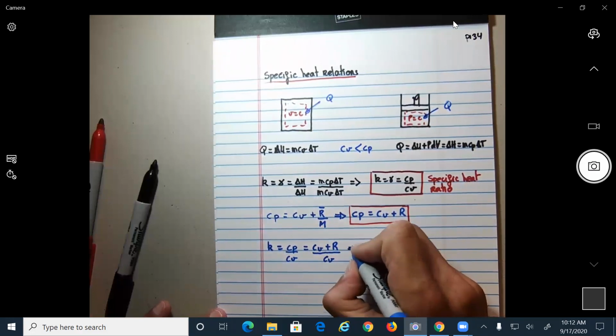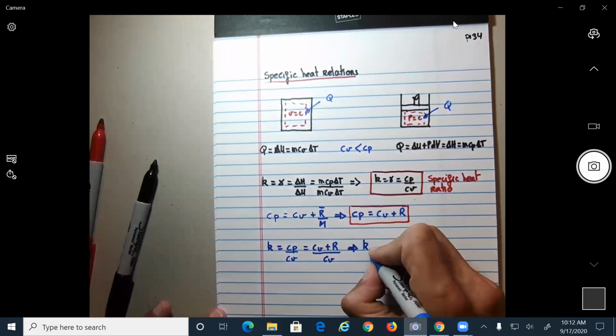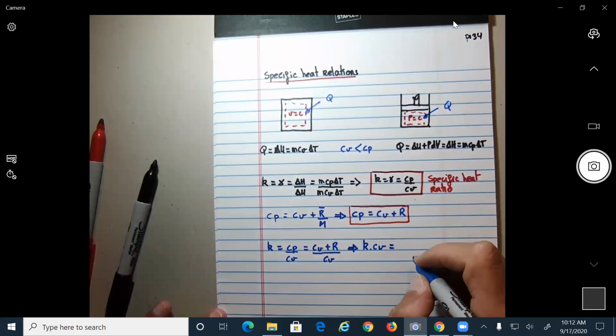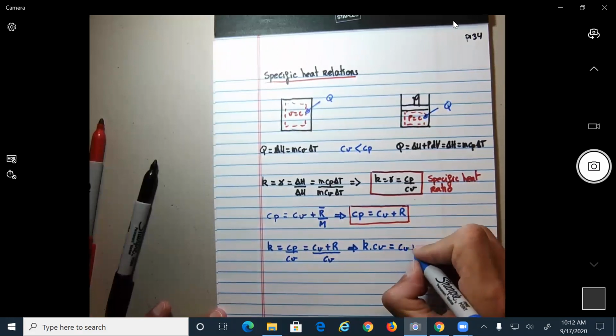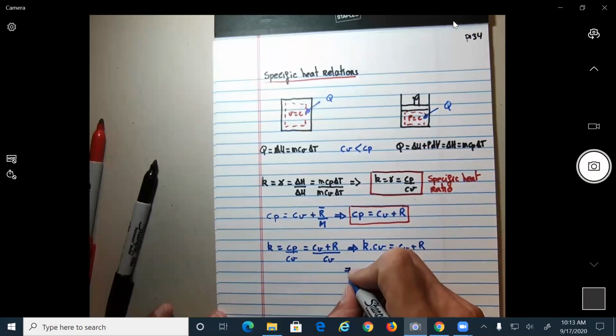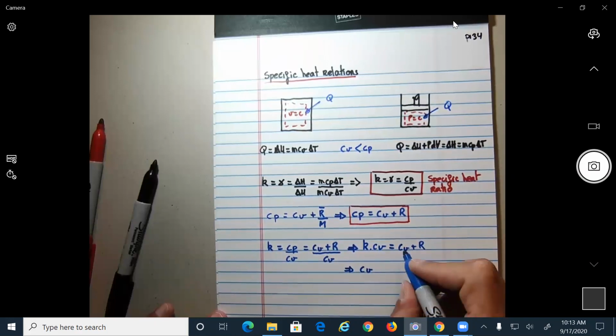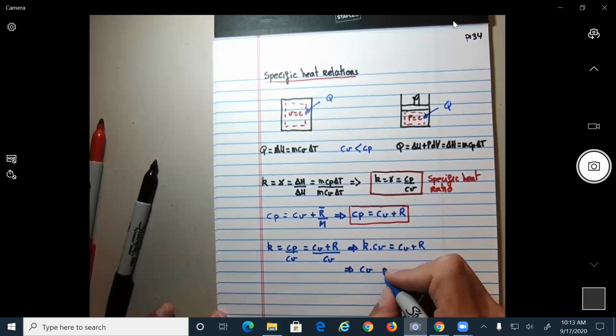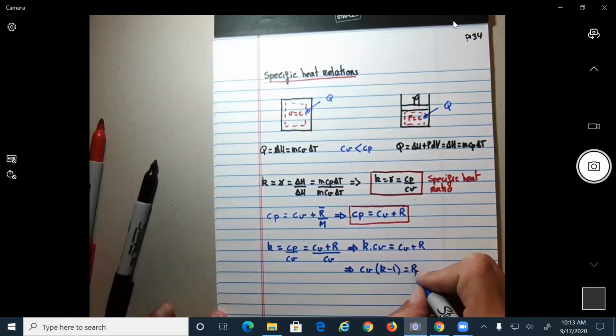So this gives you that K times Cv is equal to Cv plus R. If we solve for Cv, I'm not going to skip any step, K minus 1 times Cv will be equal to R, which gives you that Cv is equal to R divided by K minus 1.